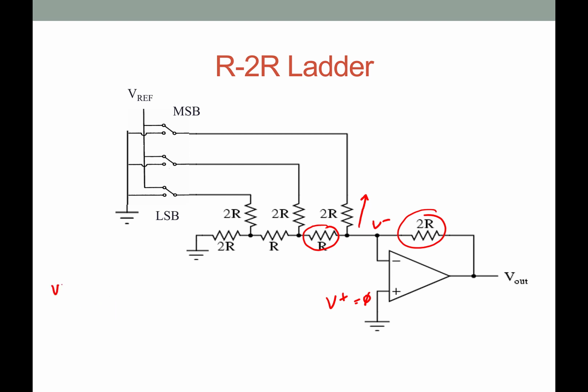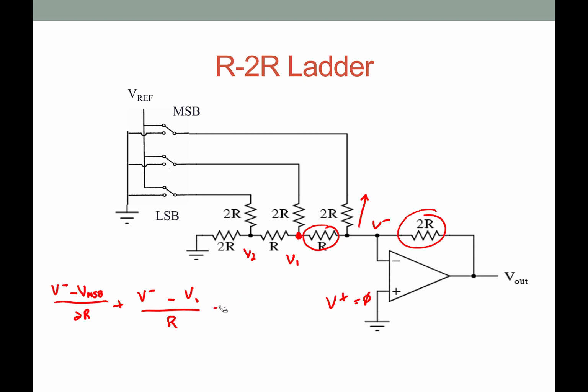So I'd have V minus minus V MSB over 2R plus V minus minus, okay, now here's a difference though. I'm going to have to call this V, I don't know what I want to call it. I'm just going to call it V1 for right now. So V minus minus V1 over R plus, I'll call this V2. So I've basically summed those two currents.